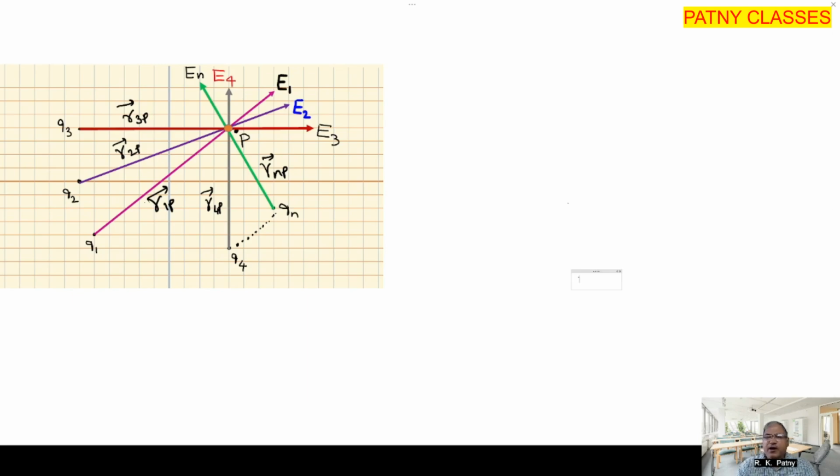Since we are finding out electric field at point P at a distance r, therefore the denotation is E1 of r. With respect to distance r we are finding out, therefore it is E1 of r, E2 of r, E3 of r, and E4 of r. Similarly, En of r.